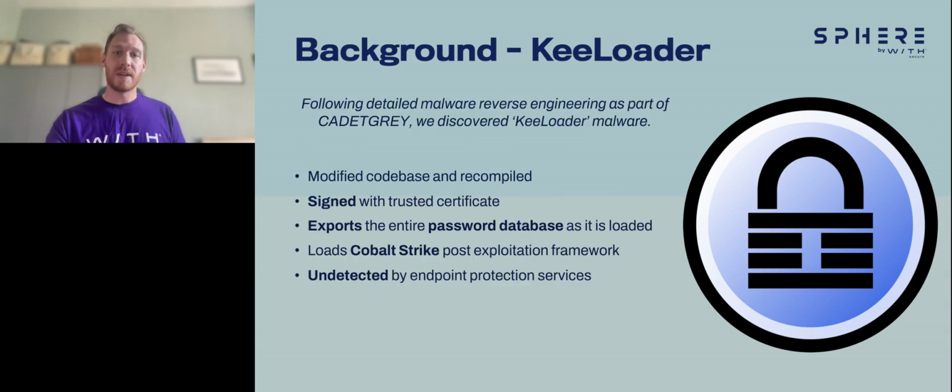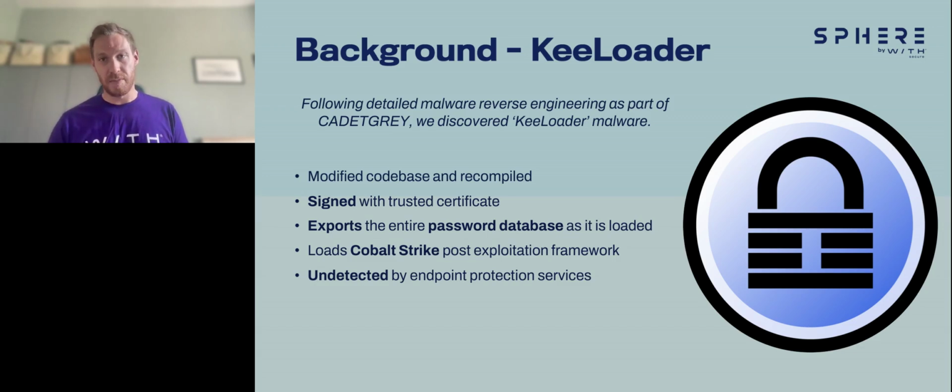Now, because KeePass is open source, that means the code base is available publicly, right? And what had happened was an attacker had downloaded the code base. They had made some really minor surgical modifications to it, and then recompiled it and signed it, so for all intents and purposes, it was trusted and looked legitimate upon inspection of the binary itself.